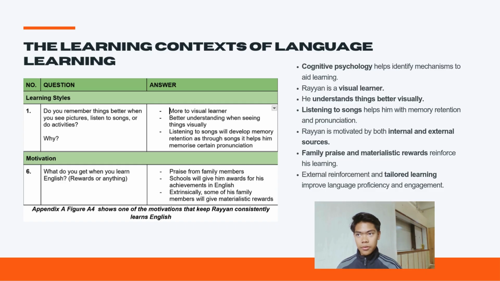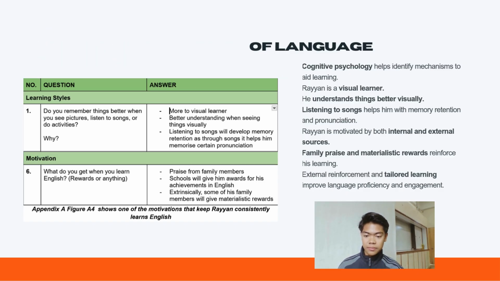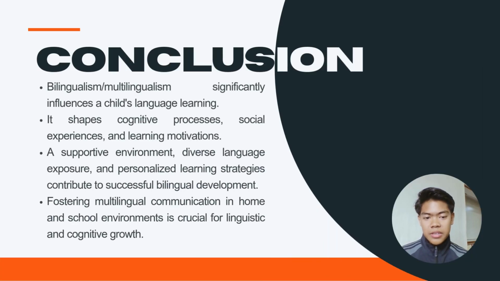And in the educational field, the school will give him awards for his achievements in English, and he stated that he got the highest mark for his English examination in school. So he got an award. And extrinsically, some of his family members will give materialistic rewards such as money, new telephones, a new gaming console, and such. So we have come to the end of the case study analysis.